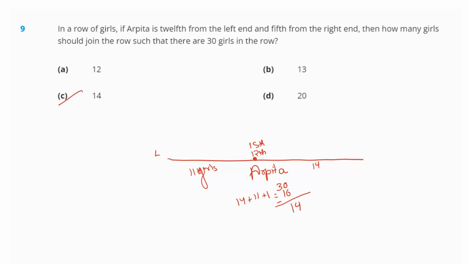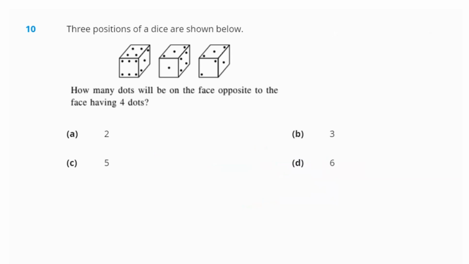Moving on to the next question. Three positions of a dice are given below. How many dots will be on the face opposite to the face having 4 dots? So see, this has 3, this has 3, this has 4, this has 4. So we can say that 6 is opposite to 1.